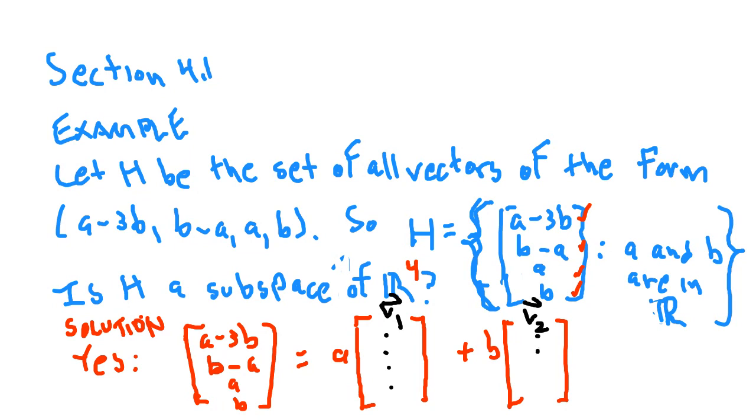I'm wondering if there are vectors v1 and v2 such that this vector in space H, the components have to be of the form a minus 3b, b minus a and b.